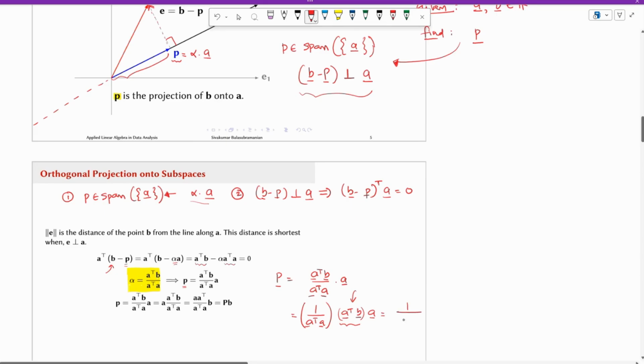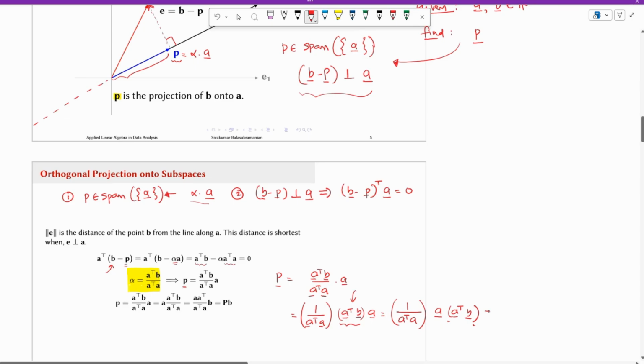So if I do that, I do one over A transpose A, and I move this around, I do A multiplied by A transpose B. And remember, when you do matrix multiplication, if I do ABC, I can multiply AB together first and then multiply the result with C, or I can multiply BC together first and then multiply the result with A. That means I can move this parenthesis around.